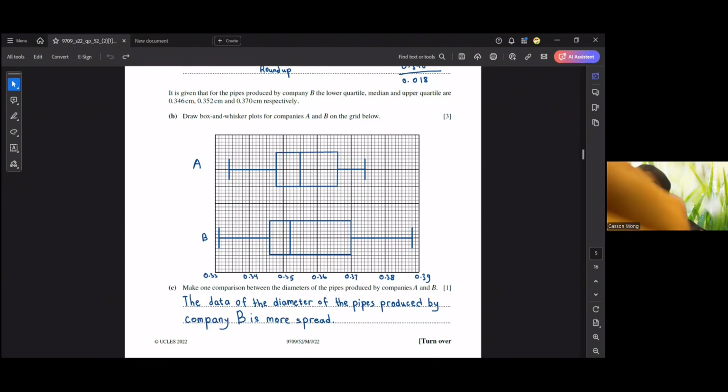For company A, we can use the data that we have found just now with this as the lowest data. This is Q1, this is median, and this is Q3, and this is the highest data.